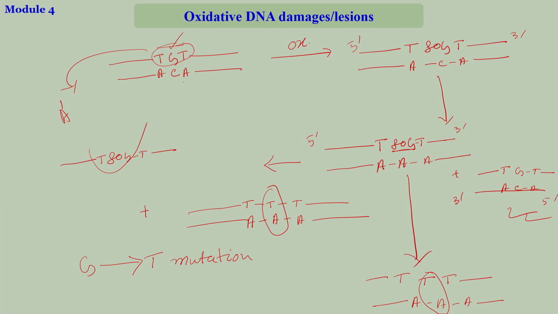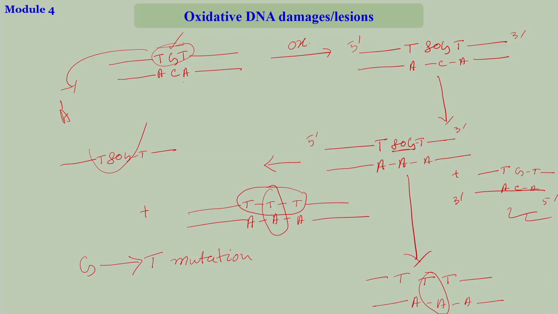Now, the gene has been transformed into TTT. This sequence may not code for the same amino acid, it may code for a different amino acid. If it does, then your protein got changed and it may not function, and that is where the problem is. That is why mutations are so notorious sometimes, not all the time of course, there are so many mutations going on.